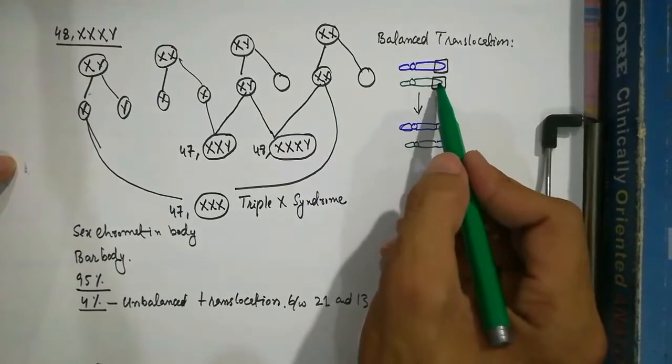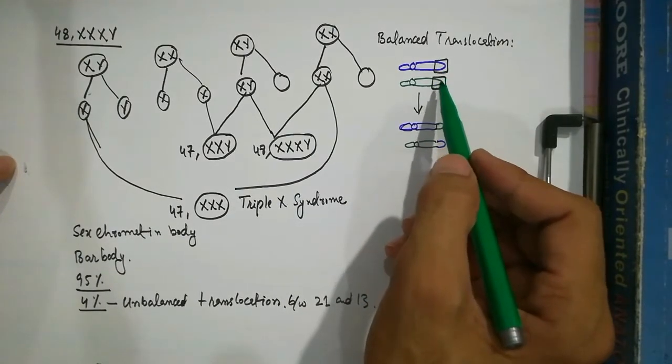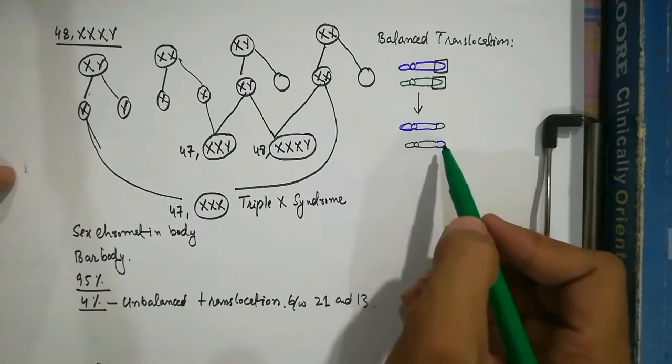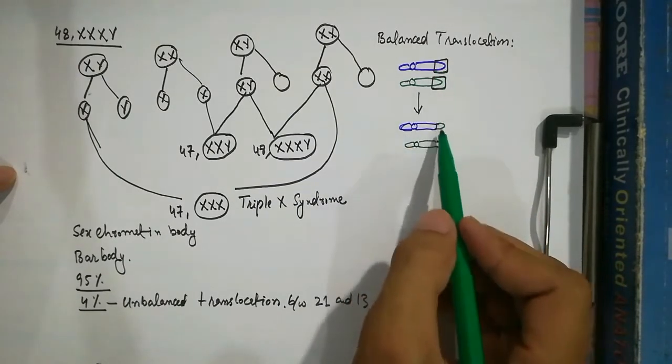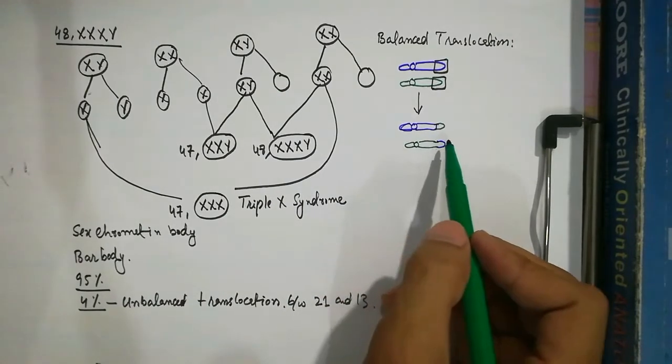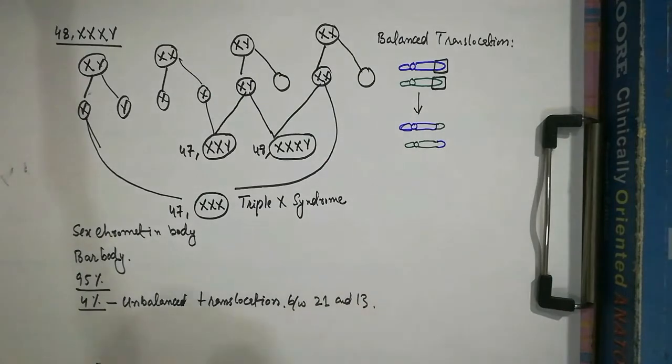See, part of each chromosome breaks and these parts are exchanged and reunited with no loss of genetic material. This is called balanced translocation.